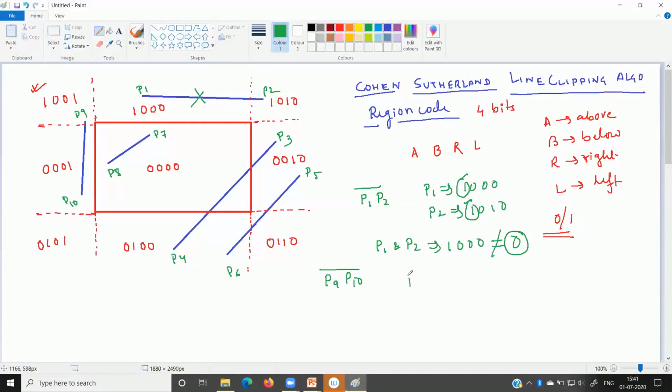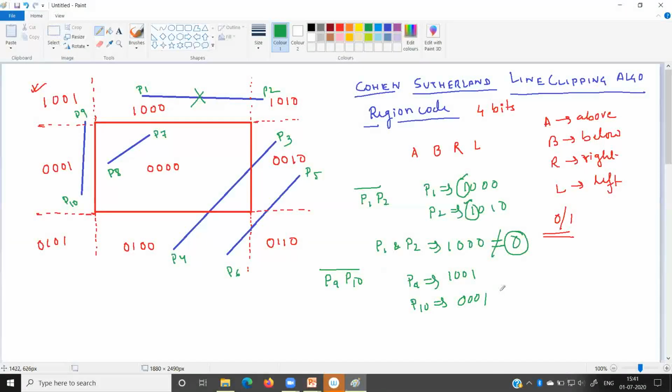So you will find the region code for P9 and the region code for P10. The region code for P9 is 1001, as you can see here, and the region code for P10 is 0001.